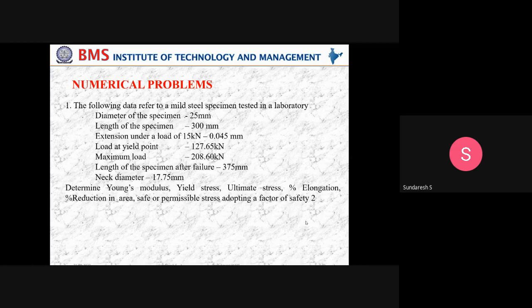The data is as follows. Diameter of the specimen, 25 millimeters. Length of the specimen, 300 millimeter.